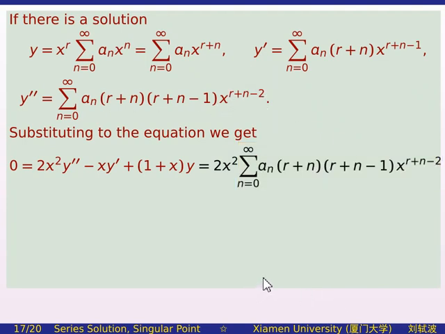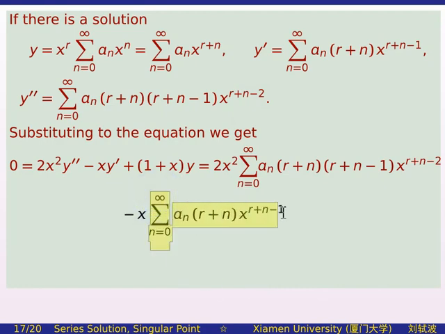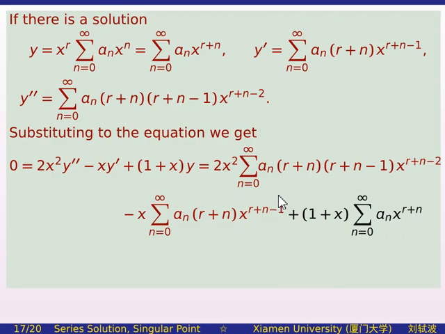Then minus x times y prime, which is the sum of an times r plus n times x to the r plus n minus 1. Then 1 plus x times y, where y is the series of an x to the r plus n. We will simplify this expression.